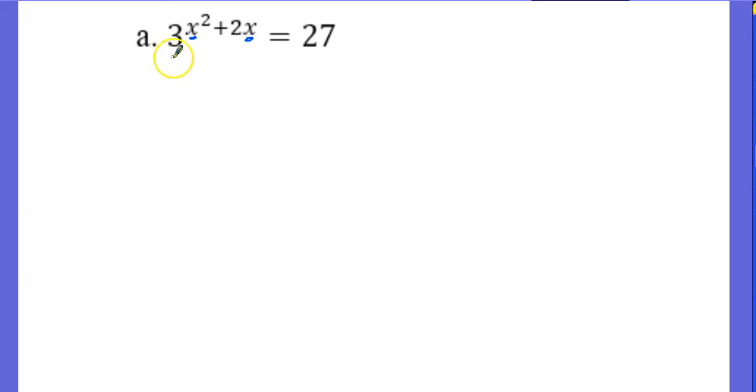And so I look to my base numbers, 3 and 27, and I think, can I make them into the same base? Yes, you answered my question. I can write 27 as a base 3 because 27 can be replaced with 3 cubed, right? So we have on the left 3 to the x squared plus 2x power equals 3 cubed.